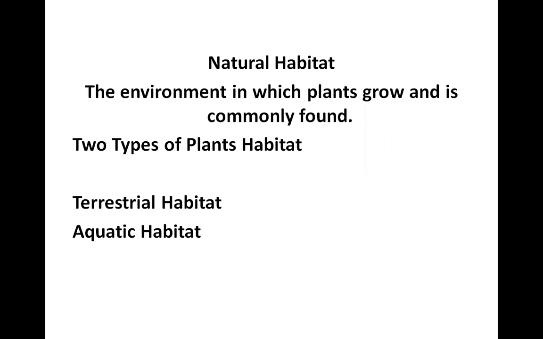In this chapter, we are going to learn about the two main types of plant habitat. One is terrestrial. The habitat which is found on land is called terrestrial. Aquatic, the habitats in water, are called aquatic habitats.